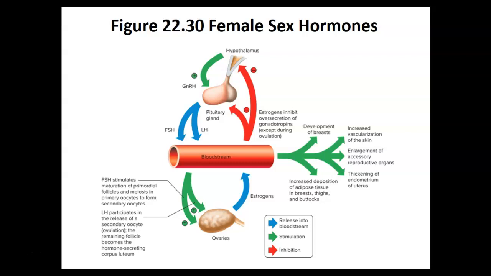So here's what I'm talking about. We have our GnRH coming from the hypothalamus and acting on the anterior pituitary. It's going to release FSH and LH, which are going to act directly on the ovaries. You're going to have estrogens come out of the ovary, and the estrogens, along with the FSH and LH, are going to be really important in breast development, vascularization of the skin, enlargement of the reproductive organs, and making the endometrial layer of the uterus bigger and thicker.